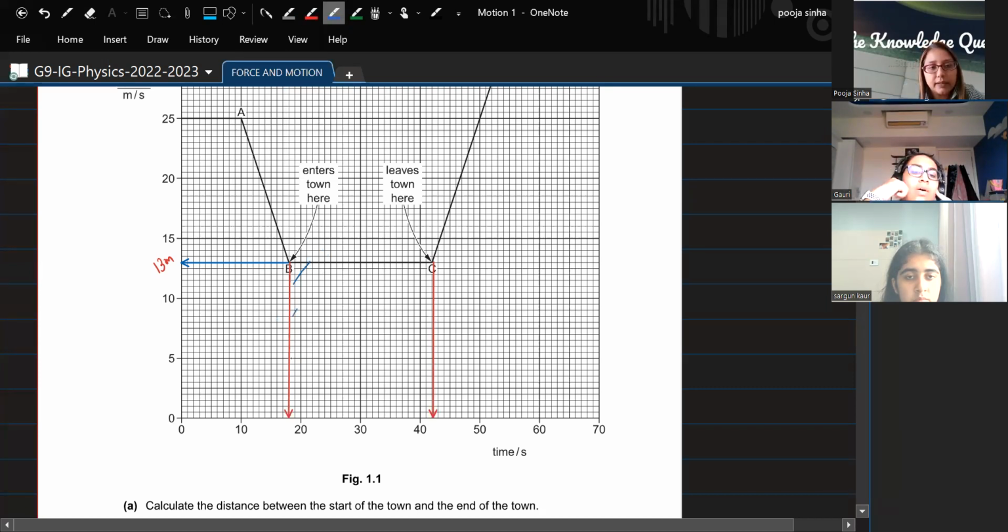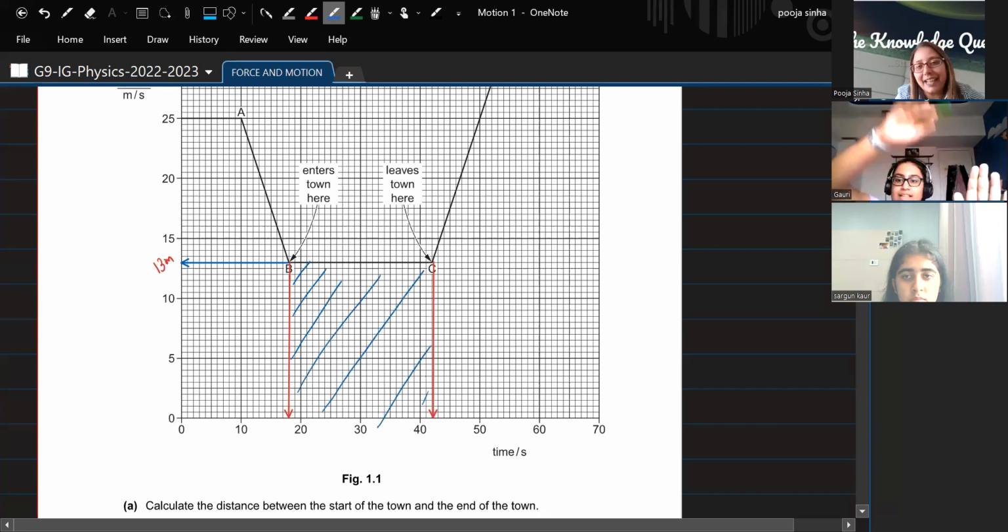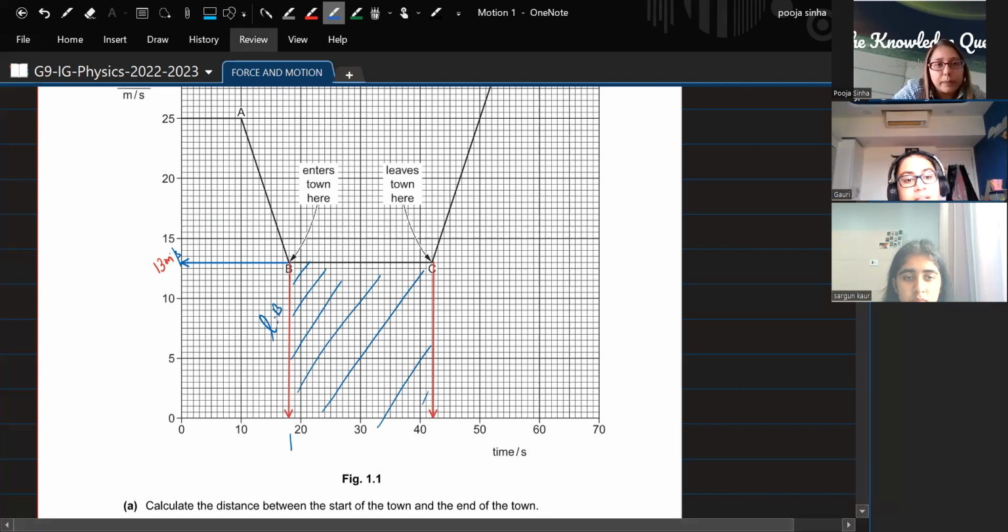It's essentially the same thing. The speed is like this side and the time is like this side. The speed is 13 meters per second, which is your length, and the breadth is this part, that's the time.